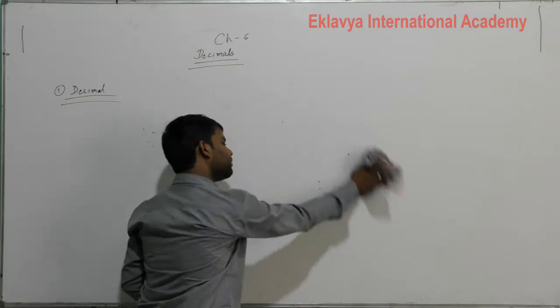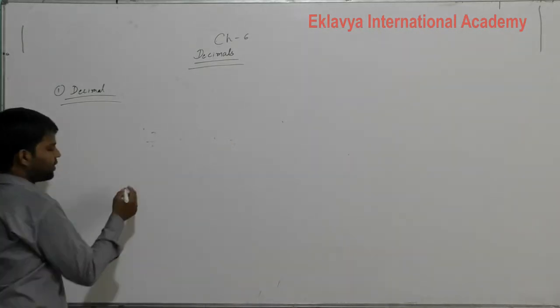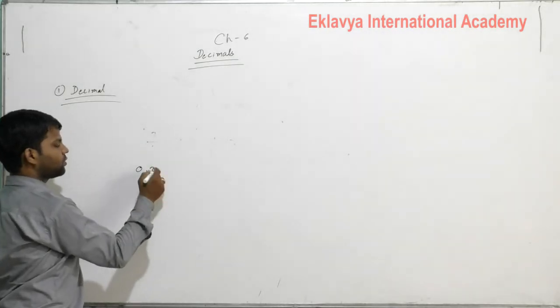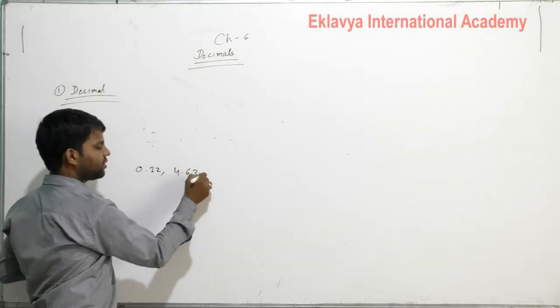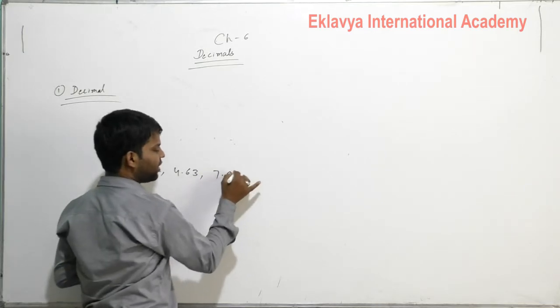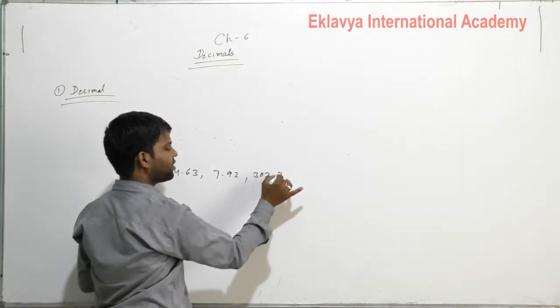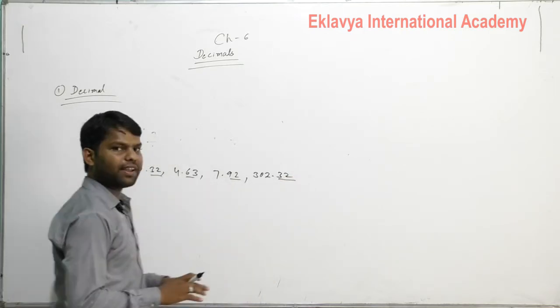In like decimals, we have the same place value, like 0.32, 4.63, 7.92, 302.32. In these numbers we have the same place value.